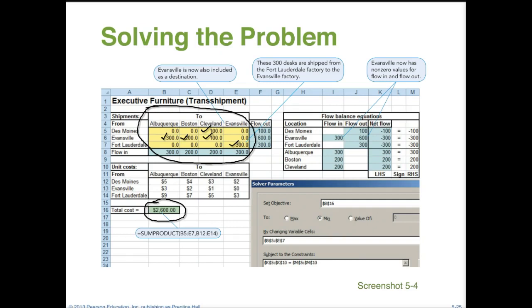And so by setting this model up and letting the Excel solver do the work for us, we see how many units and from where actually need to be shipped to Evansville to get this attractive discount in shipment price.